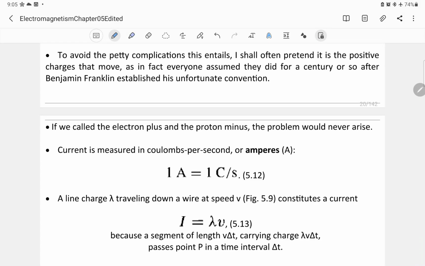So, following the convention of the author, we will just use positive charges to be on the move rather than the electrons. Current is measured in coulombs per second, or amperes.